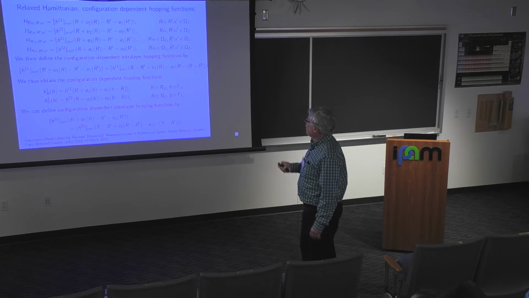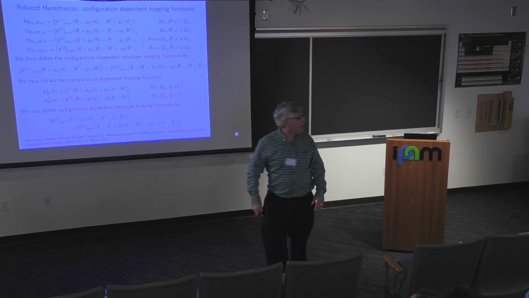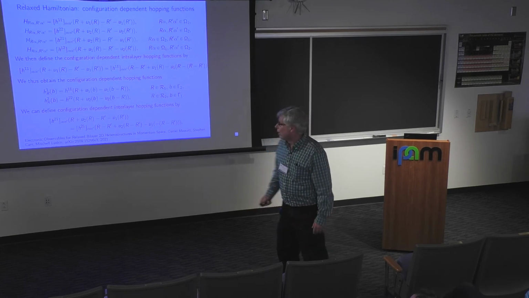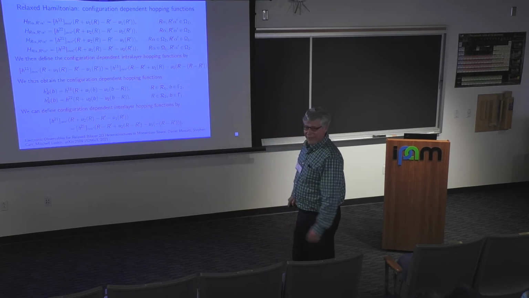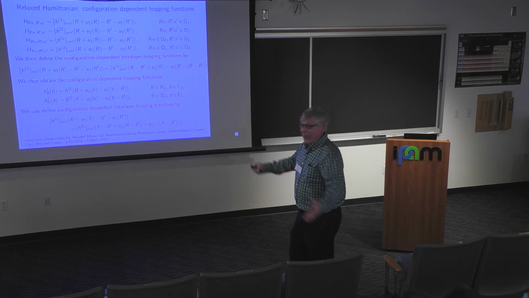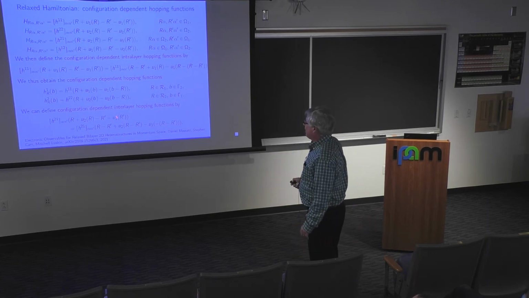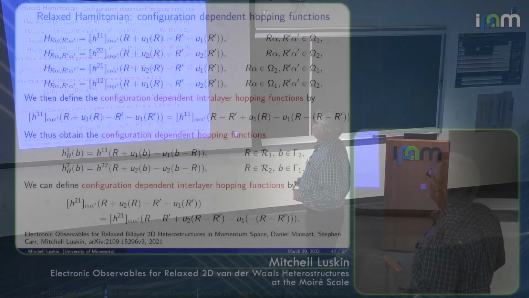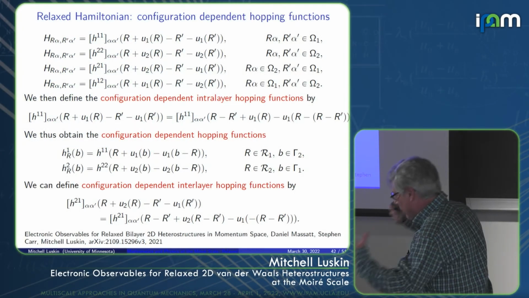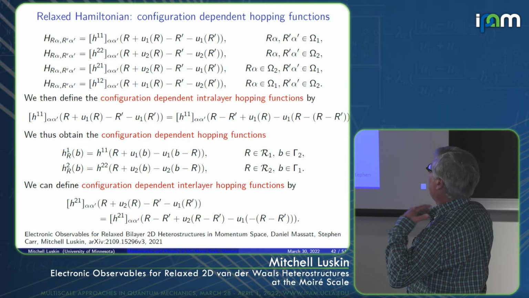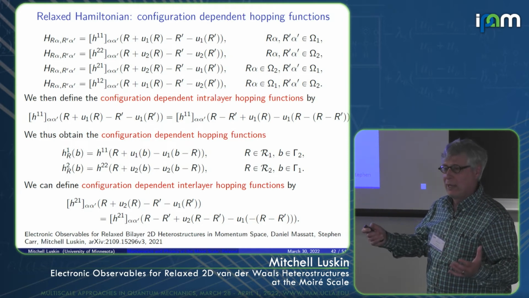Okay, so now I want to switch to the real topic of my lecture, which I needed all that buildup for. I think I'm on time. So the new thing is how to do these things for relaxed systems.